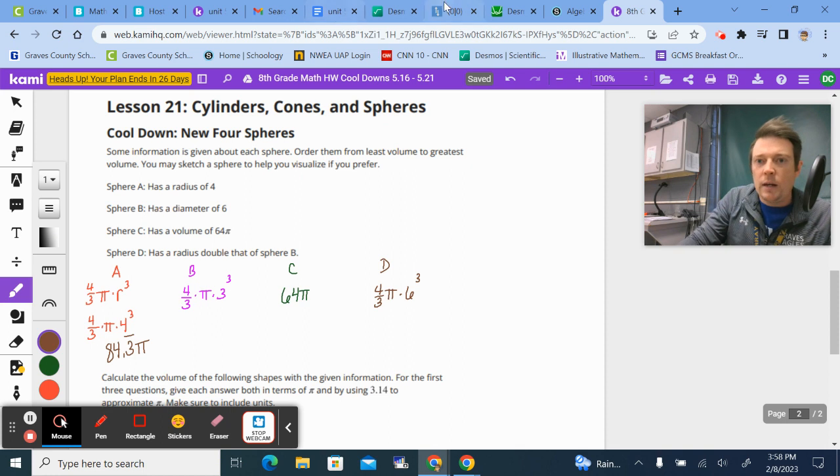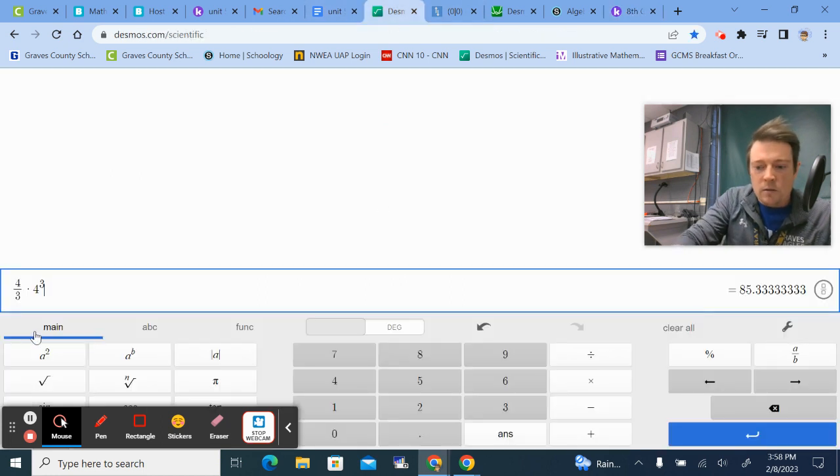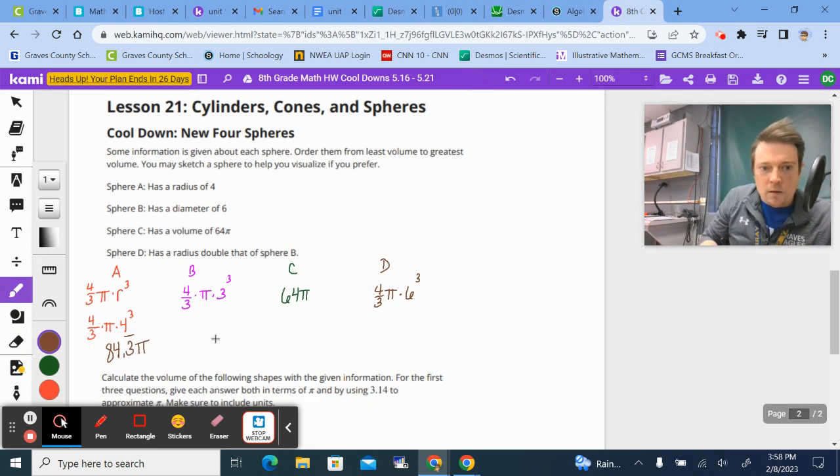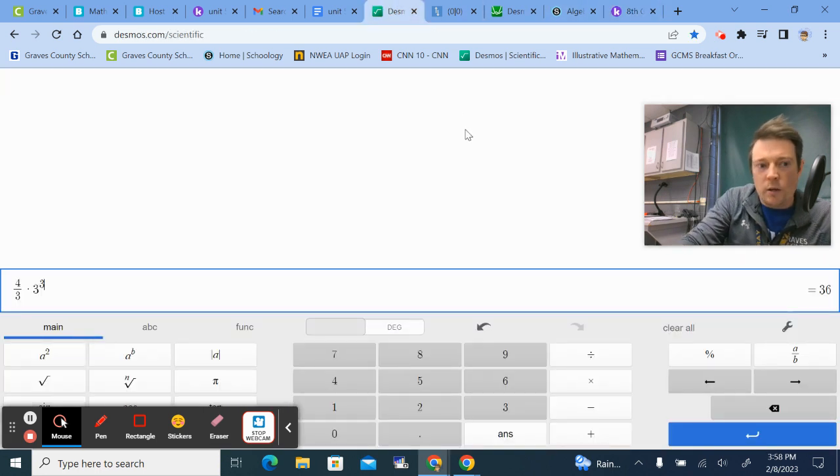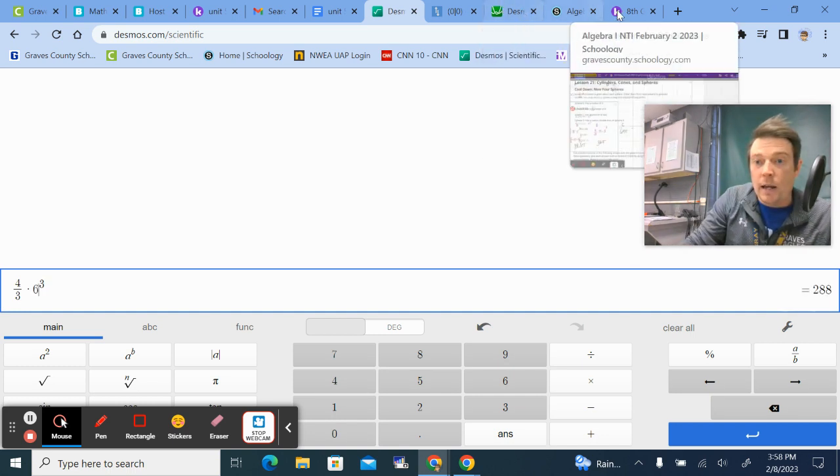We've got to put a 3 in that base. That one is 36 pi. And then, of course, this one is 64 pi, which we already know. And then we've got to throw a 6 in there, which is probably going to be one of the larger ones for sure. So let's put a 6 in there, and that's 288 pi.